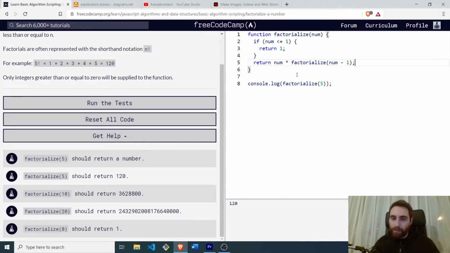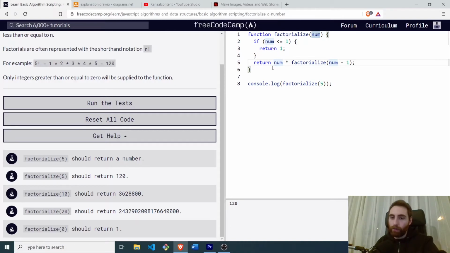This means basically we're doing 5 times, we go into the function with 4, 4 is bigger than 1, and we return 4 times the function with 3, which is bigger than 1, and so on until we reach 1, and then we return 1.